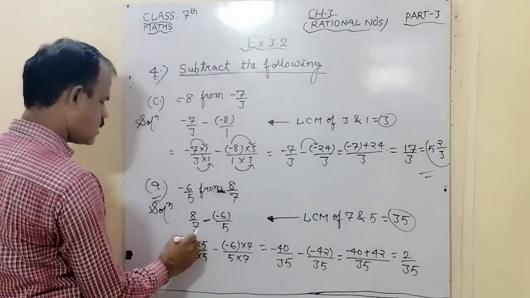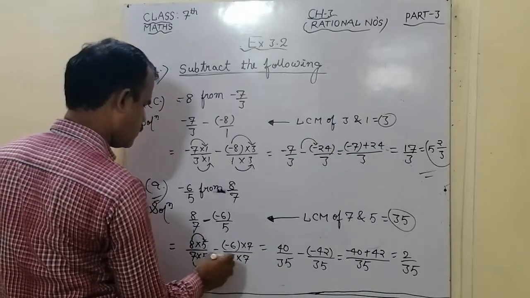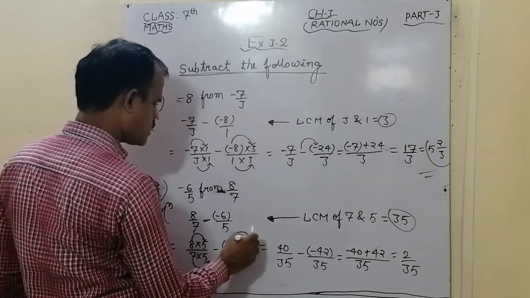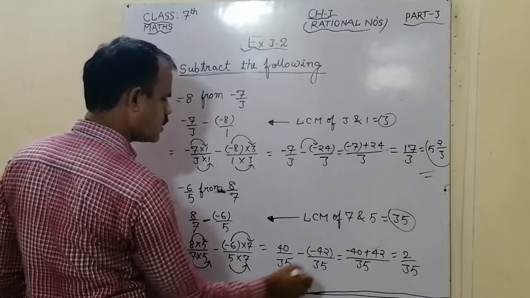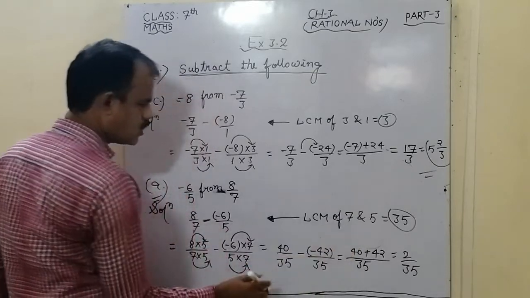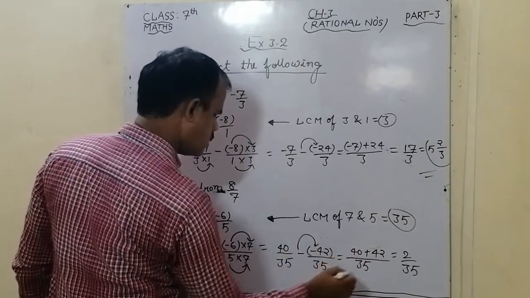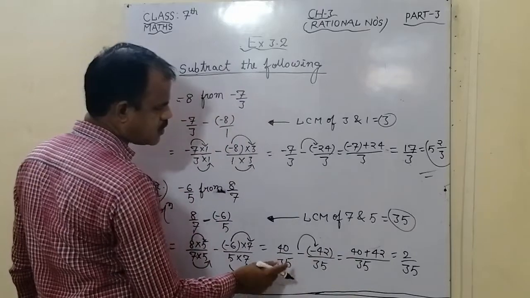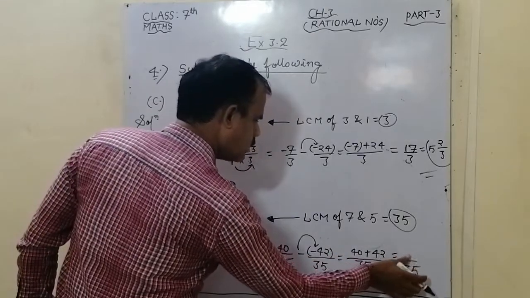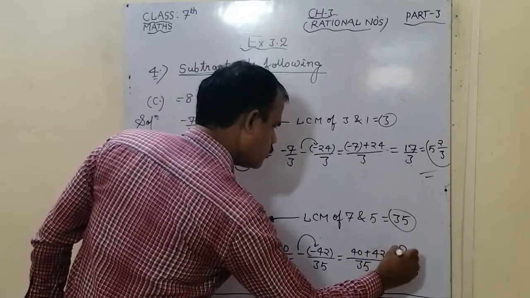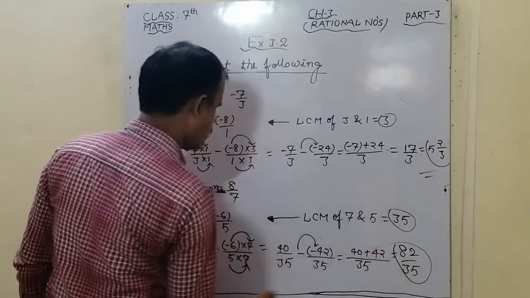Now it becomes 8 times 5 is 40, and 7 times 5 is 35, and minus 6 times 7 is 42, minus 42, and 5 times 7 is 35. Now look here, 40 plus minus plus 42, and this is like fraction, so we take LCM 35. Now it becomes 82 by 35. So this is the final answer.